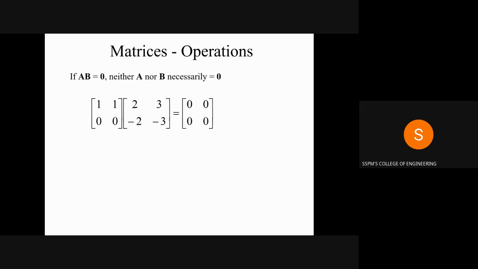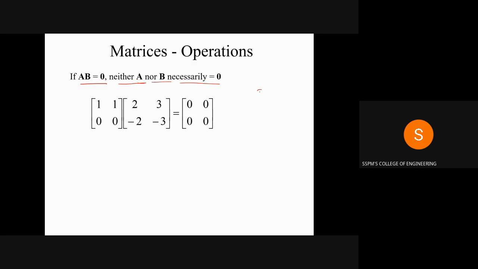Now, if AB is equal to 0, neither A nor B is necessarily equal to 0.